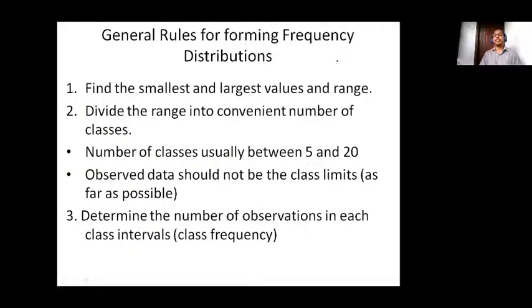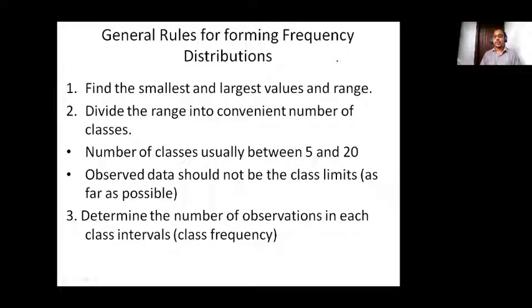General rules for forming frequency distributions. Now we are at a stage to form a frequency distribution using raw data. Suppose we have raw data. First we find the smallest and largest values of the data and hence its range.